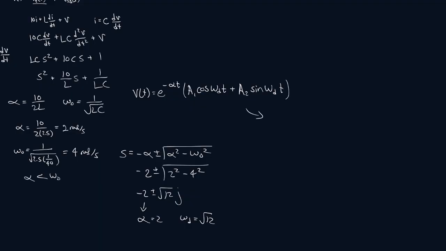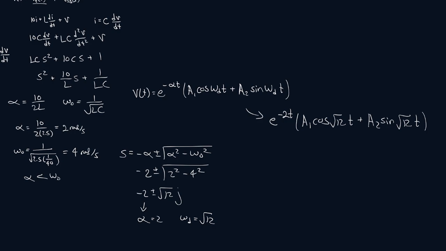So this is going to be e to the power of minus 2t times A1 cos square root of 12 t plus A2 sine square root of 12 t.